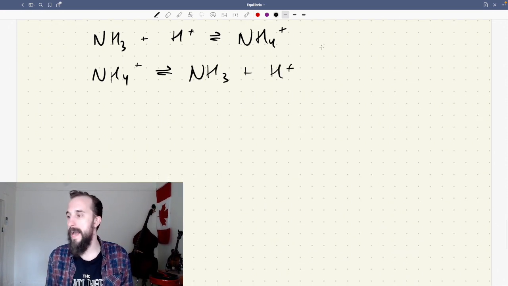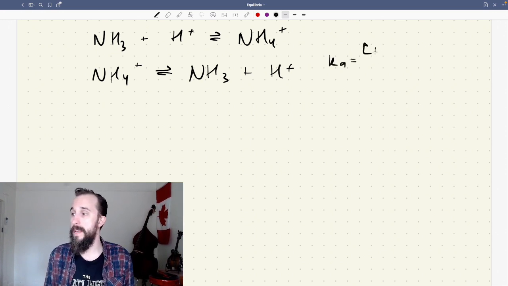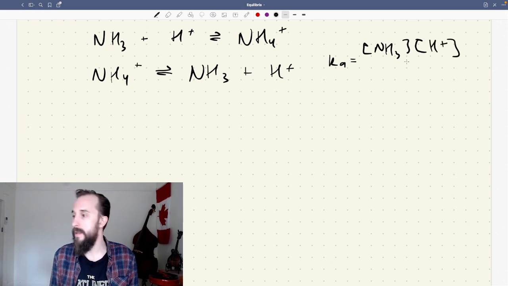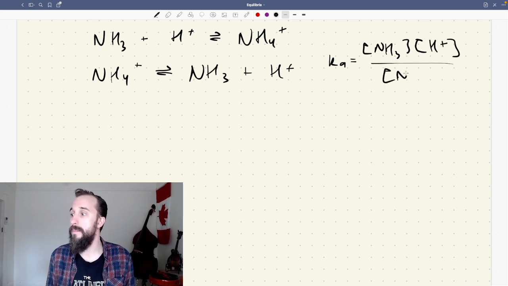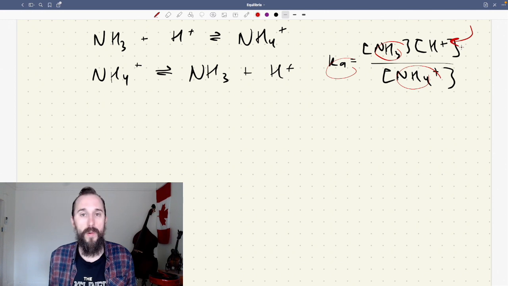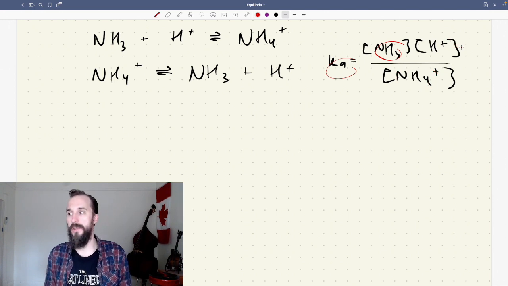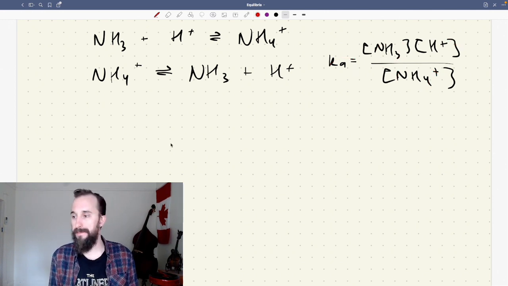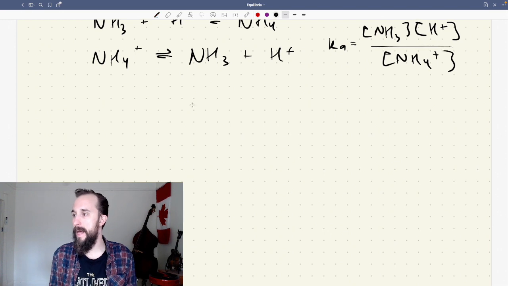So if we were to write a Ka for this expression, Ka is equal to the ammonia times the hydrogen ion concentration, divided by the ammonium concentration. Now, in our question we were given those concentrations, so we've got to rearrange to make hydrogen ion concentration the subject. So let's go ahead and do that.